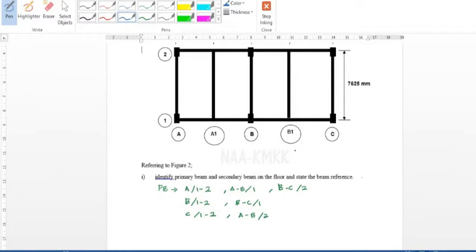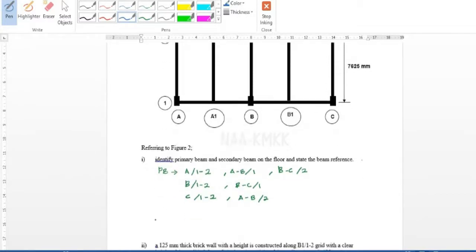State the beam reference there, don't forget. So secondary beams, we have beam A1, row 1, 2, and beam B1, row 1, 2.